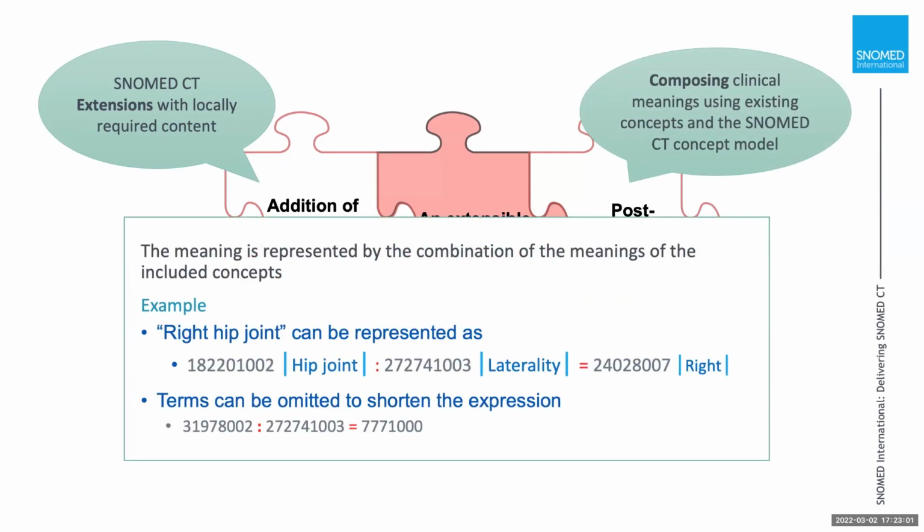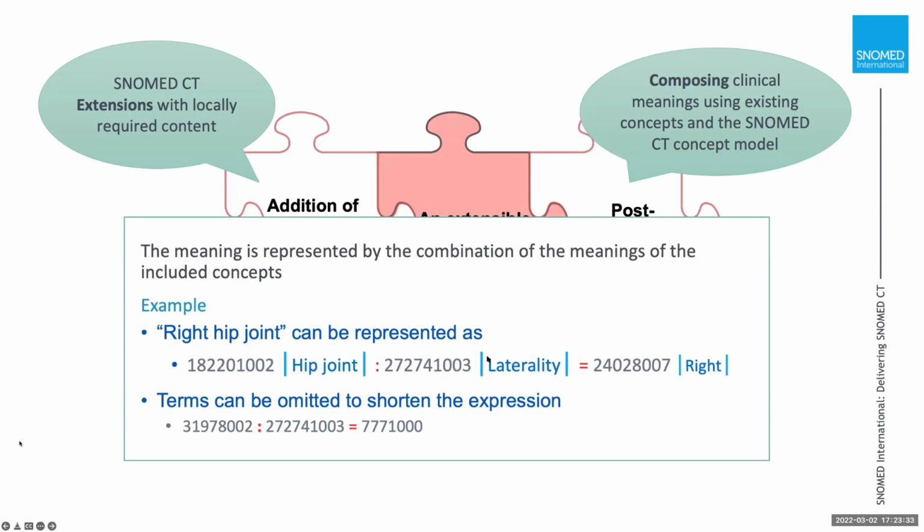So this is where you represent a meaning by the combination of the meanings of the concepts that you refer to. So in this case, we have the concept hip joint. We have what is called an attribute, the relationship type laterality, and we have the concept right. And if we combine them in this way, these red symbols here are part of the compositional grammar, which is a SNOMED CT computable language.